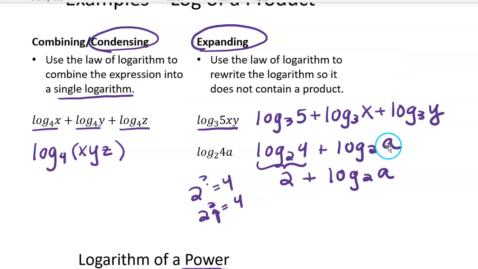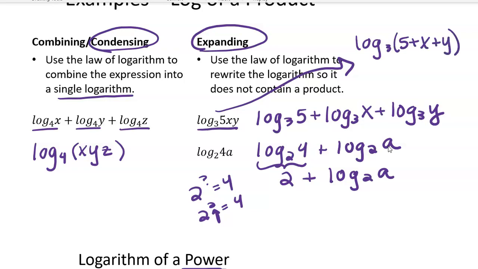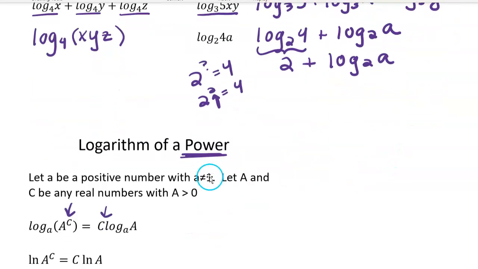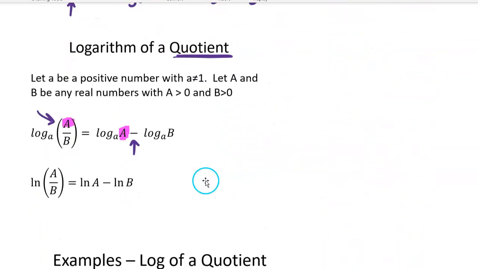Sometimes when you see mistakes or inaccurate ways to do things, that helps you remember not to do that. One thing students will do on a problem like this is say logarithm base 3 of 5 plus x plus y, like that. They don't repeat that logarithm base 3 into each term, so don't do that. Watch out for that.